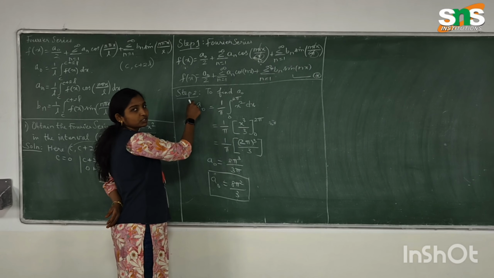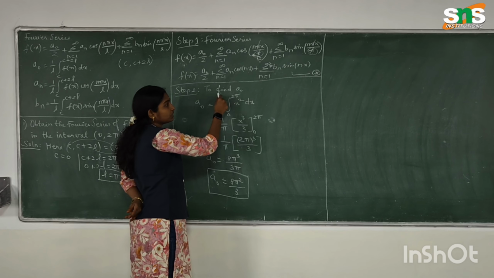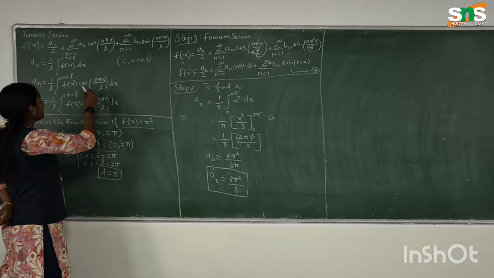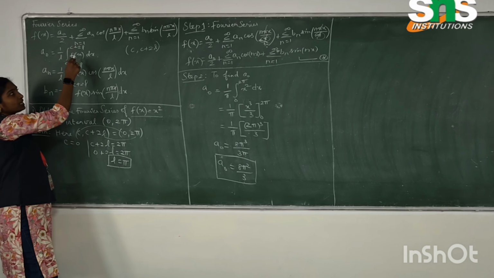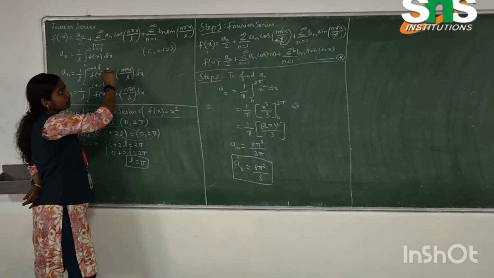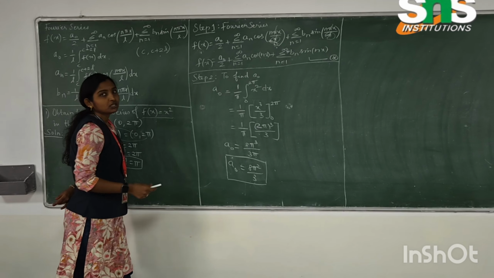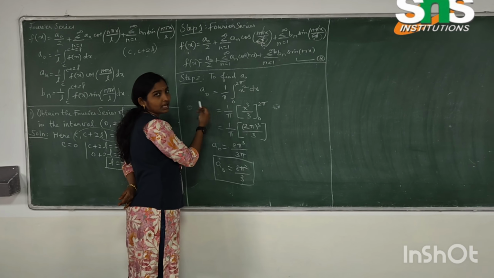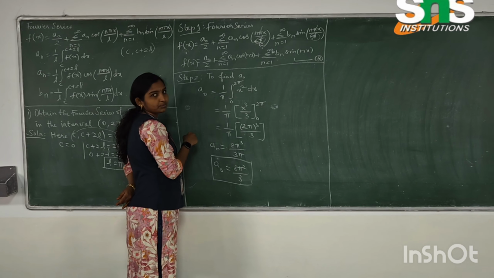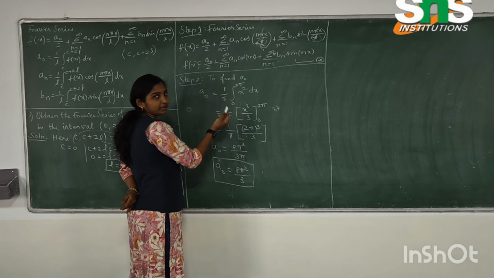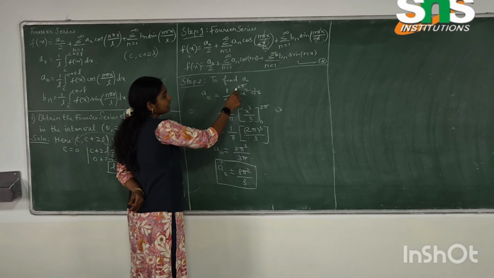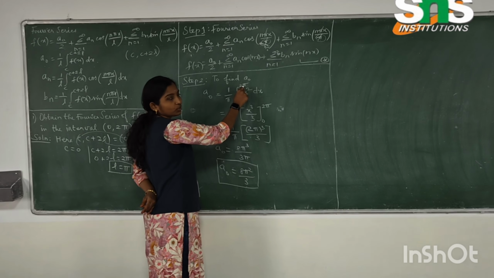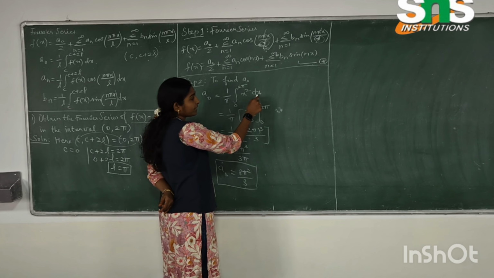Next, step number 2 is to find a0. What is a0? Already we knew that a0's formula is 1 by l integral c to c plus 2l f of x dx in the interval c to c plus 2l. So that is what we are going to apply here. As per our problem, l is equal to pi and c is 0, c plus 2l is 2 pi. We are implementing all the values here: 1 by pi integral from 0 to 2 pi, f of x is x square dx.